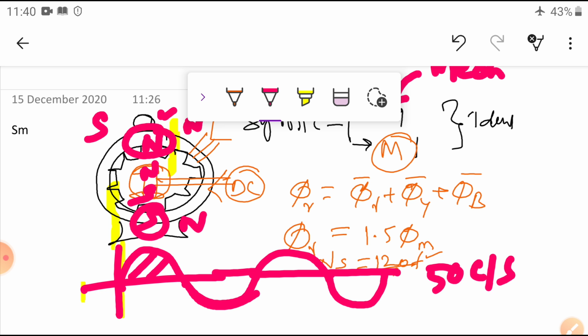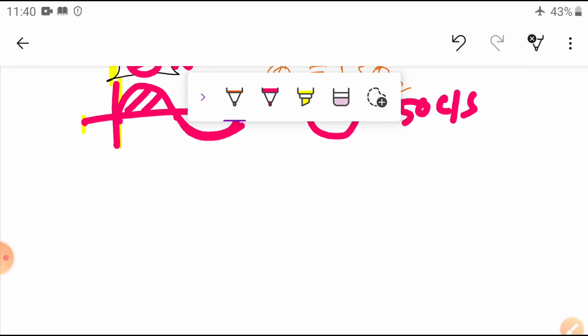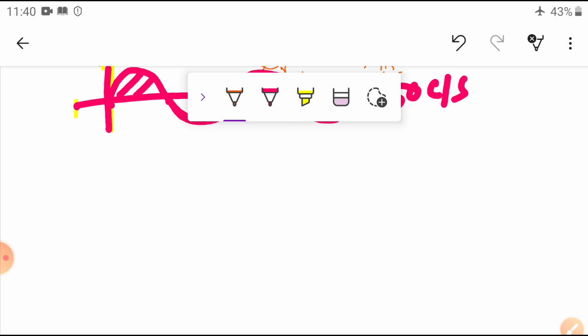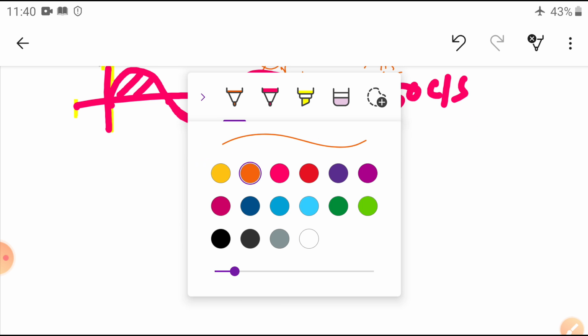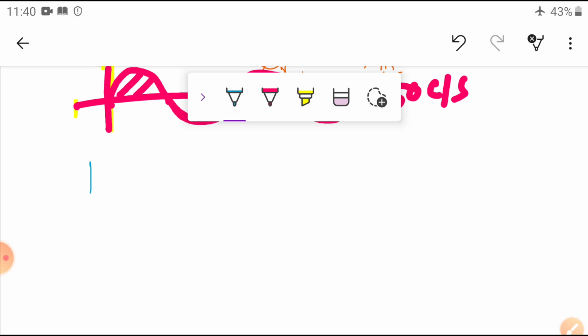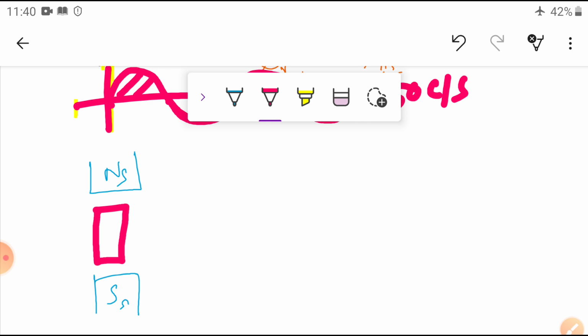So during this process, what will happen? For example, this is a north pole and this is a south pole of the stator during the positive half cycle, and at this condition the rotor has its north pole and south pole.